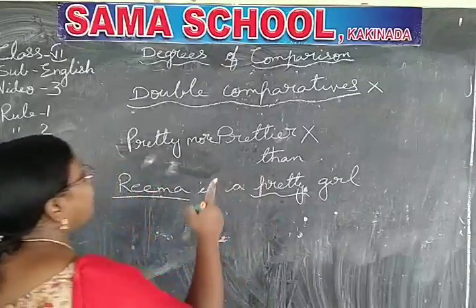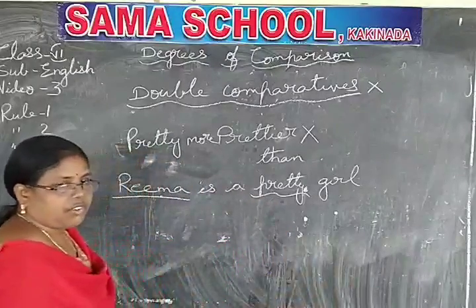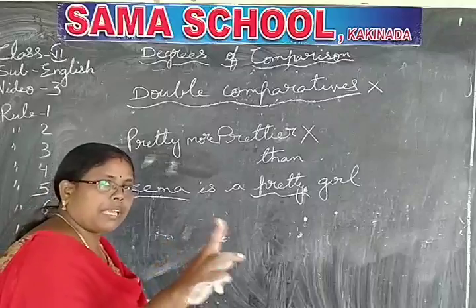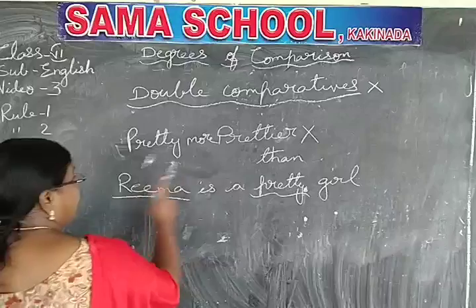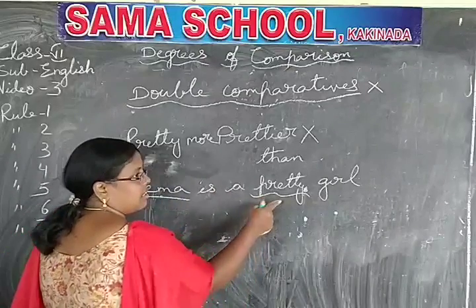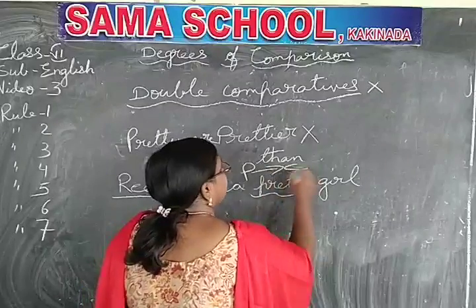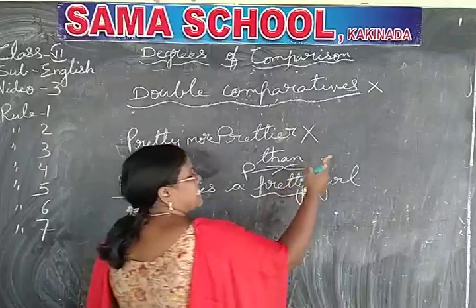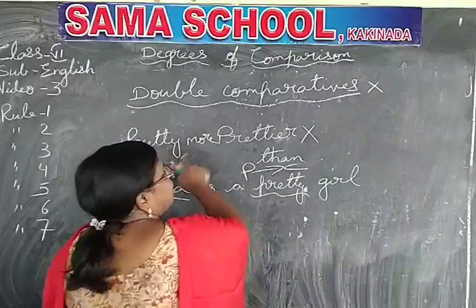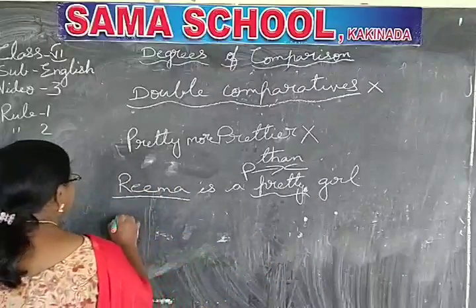Then I'm trying to make it comparative degree. That means two girls will be compared, Rima and Seema. Then what should I do? I should change it into comparative. What should be the comparative of pretty? Prettier, but not more prettier.